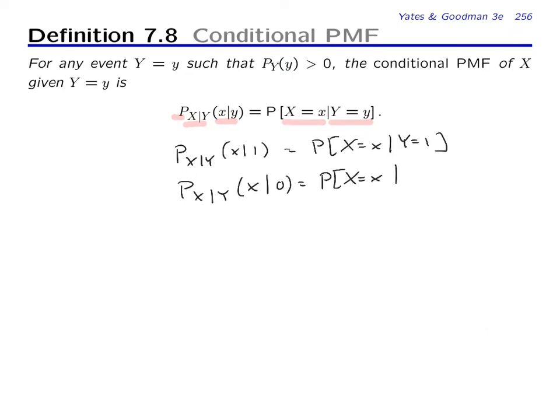And it tells you the probability X equals little x given Y equals 0. The way to think of this is that each of these is a different conditional PMF of X. They're two different PMFs.